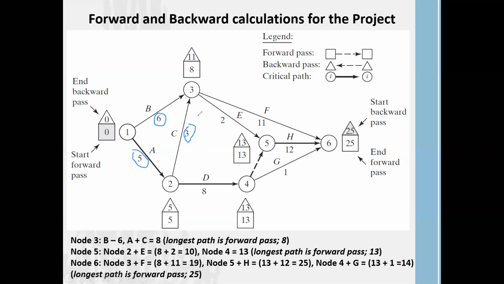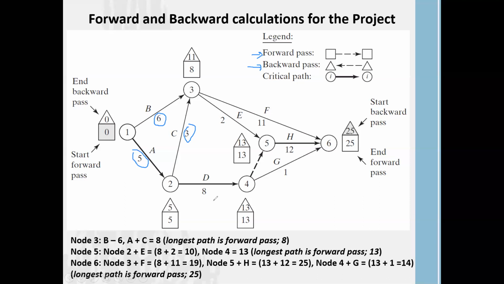Now we have 2 things to calculate. First we calculate the forward pass, then we come to the backward pass. Only then can we identify our critical path. That means we have to identify what the critical activities in the project are.